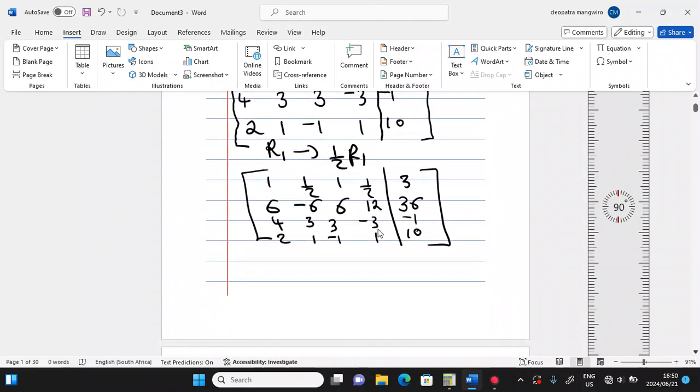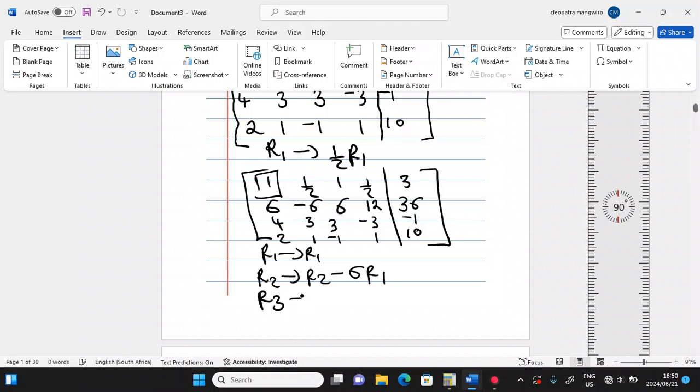So we do the row operations and write them down. Since we now have a pivot, row 1 stays as row 1, then row 2 is given by row 2 minus 6 row 1.